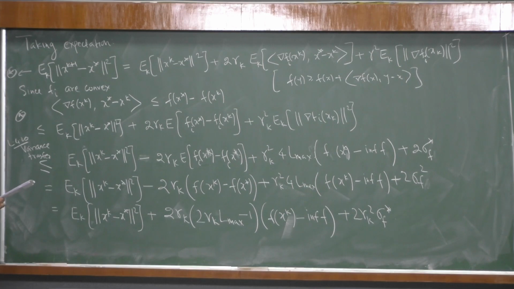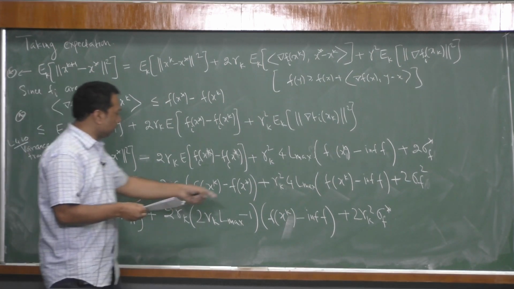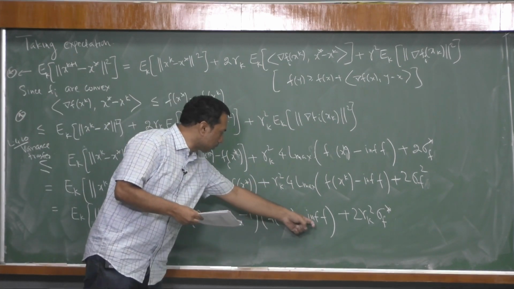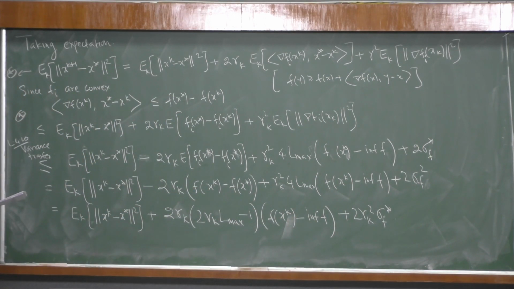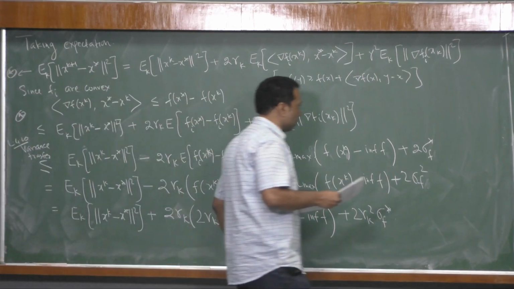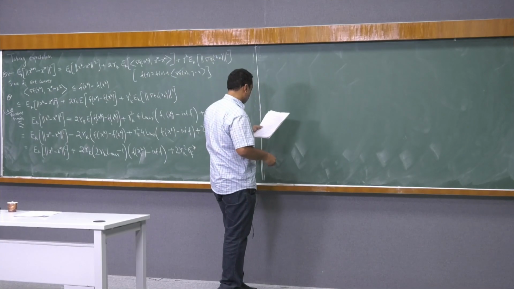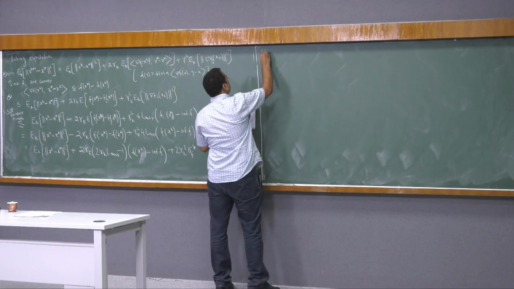In the theorem, in the end we are supposed to prove expectation of f(xk) minus infimum. So this is brought to the left and expectation is taken there, and everything else is moved to the right. Okay, so let us do that: rearranging and taking expectation.